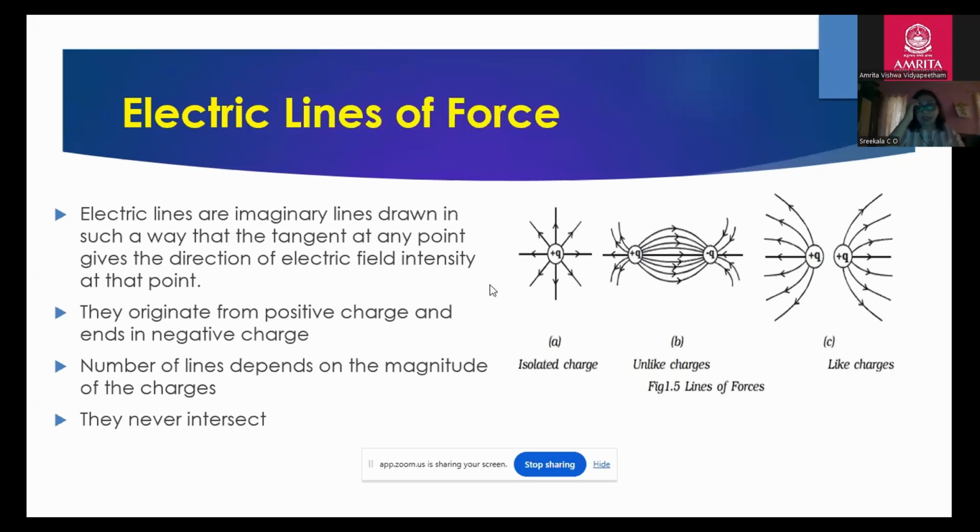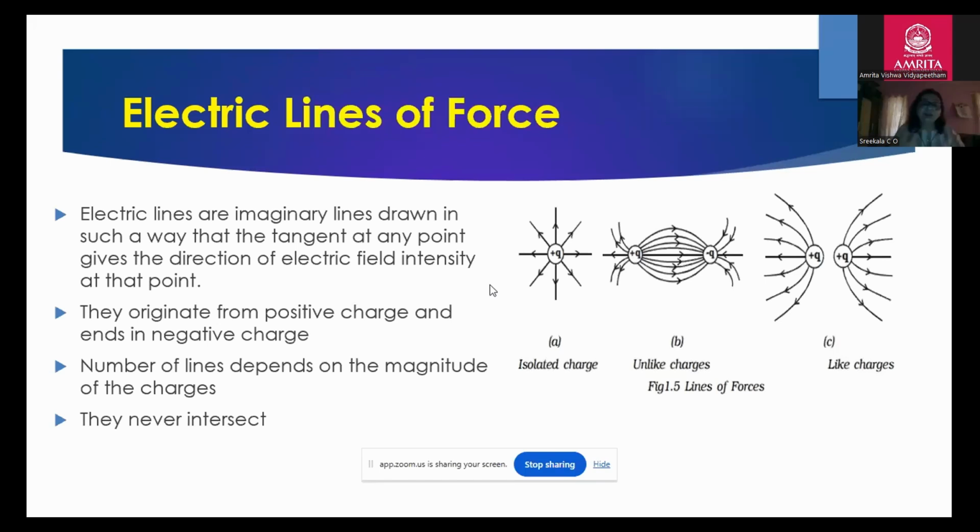You can use some iron filings over it, and then just tap the paper, and you can see a nice pattern. These magnetic lines are actually existing.